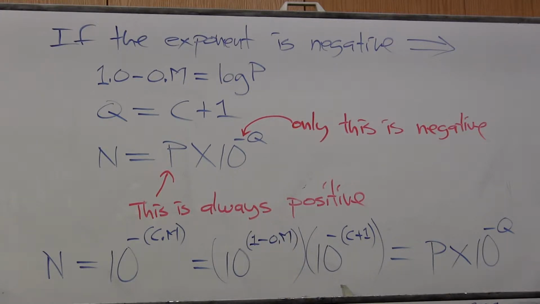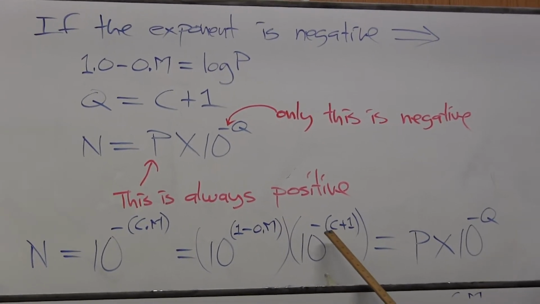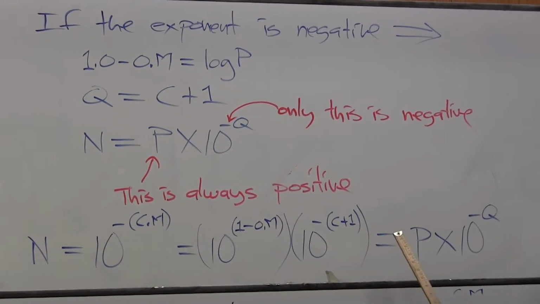So this exercise, by just an extension, knowing when to add and when to multiply, is to take the raw number n and re-express it in this fashion. I have 10 to the minus c.m, which is equal to 10 to the 1 minus 0.m times 10 to the minus c plus 1.